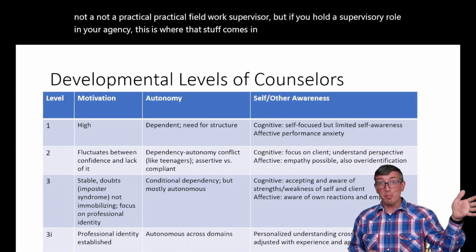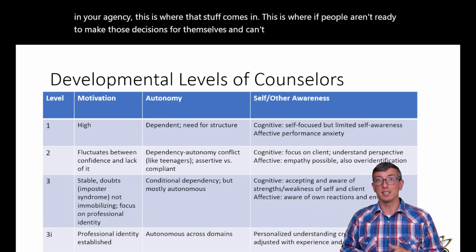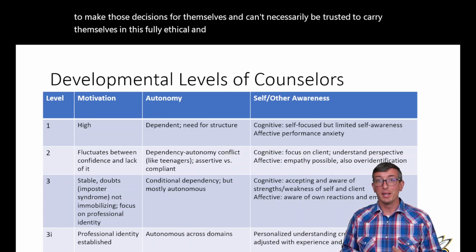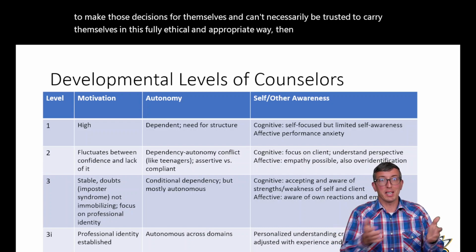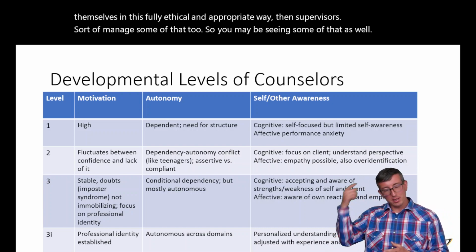If people aren't ready to make those decisions for themselves and can't necessarily be trusted to carry themselves in this fully ethical and appropriate way, then supervisors sort of manage some of that too. So you may be seeing some of that as well. But we're getting a little bit ahead of ourselves.